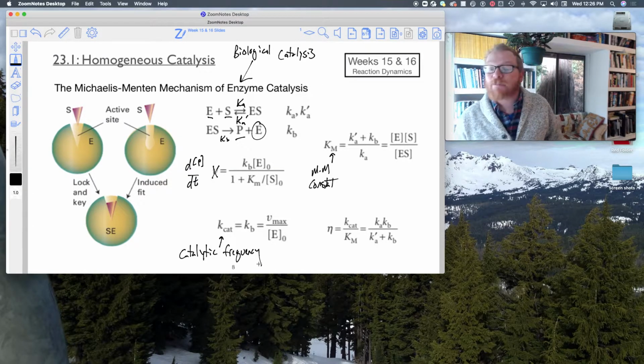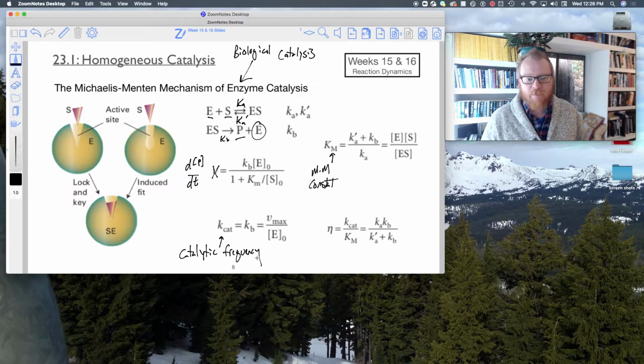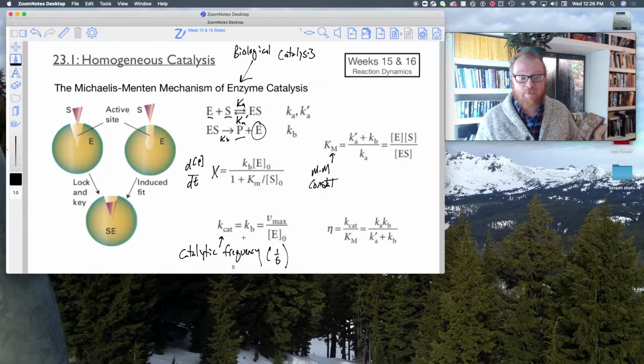How many times can this enzyme be regenerated? Well, because it's a frequency, it's going to have units of 1/seconds. And as you might guess, it can be shown that this becomes this Kb.